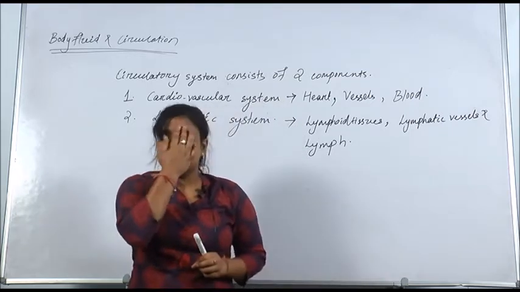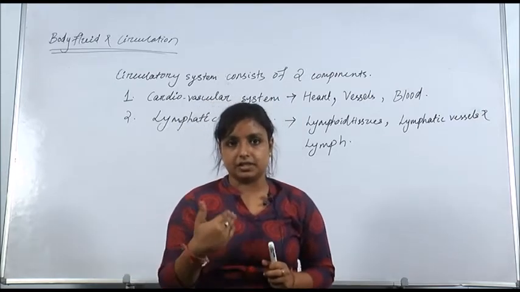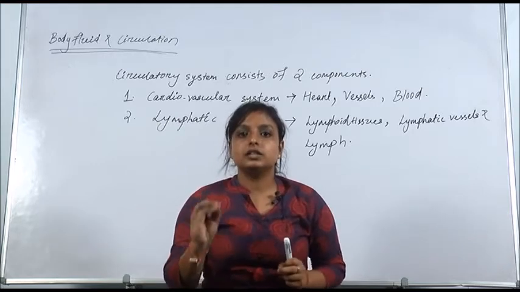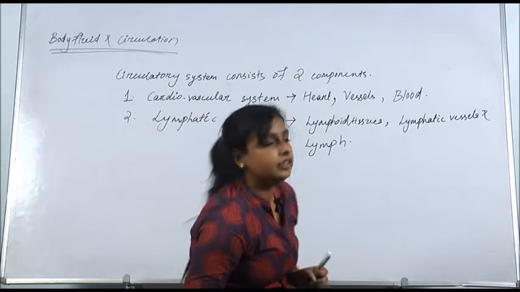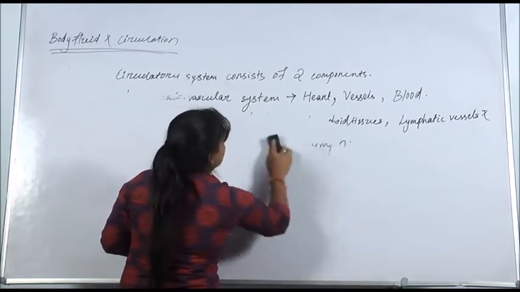As we know, in almost all living organisms, the body fluid is represented in the form of blood. So blood is the major circulatory fluid in most living organisms. So first of all, we should be clear about what is blood.